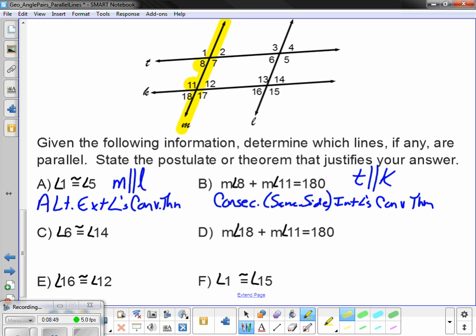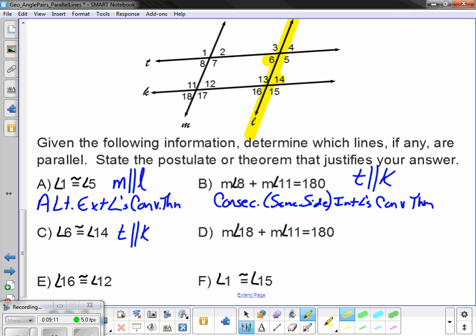Now, let's look at the next problem. I've got angle 6 is congruent to angle 14. Again, first thing I want to do is identify my 2 angles. I notice where they're at. What line connects those 2 angles? It's that line right there. So L is my transversal. If L is the transversal, that means T would have to be parallel to K if anything's going to work.